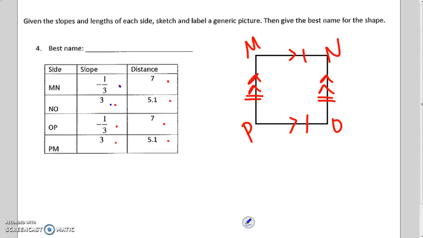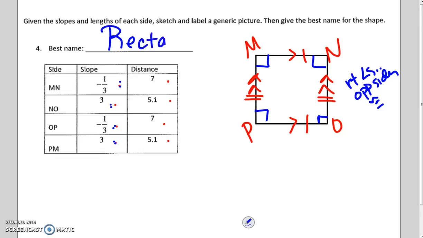These are negative reciprocals, as are these, and these. So I've got right angles, opposite sides congruent, and parallel. So that's not enough to tell me I have a square with the right angles, but what I can say is that I have a rectangle.